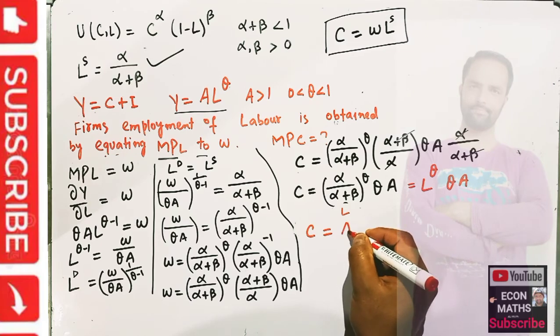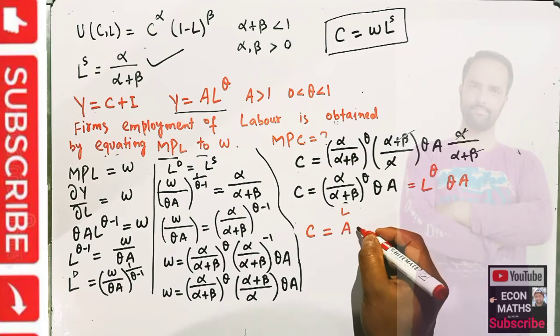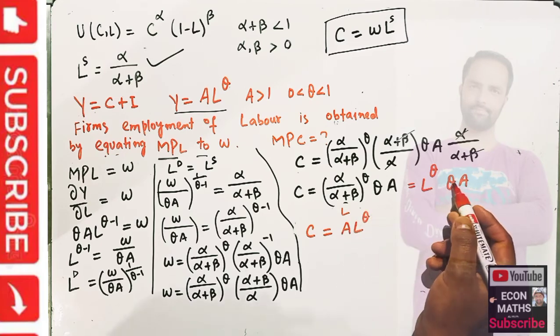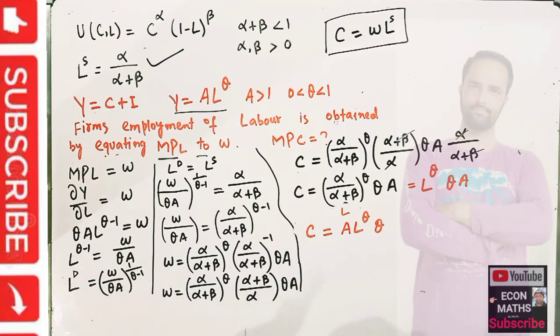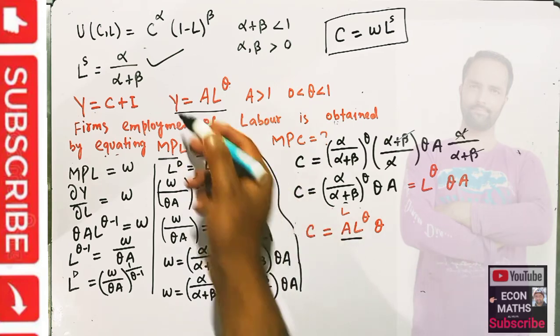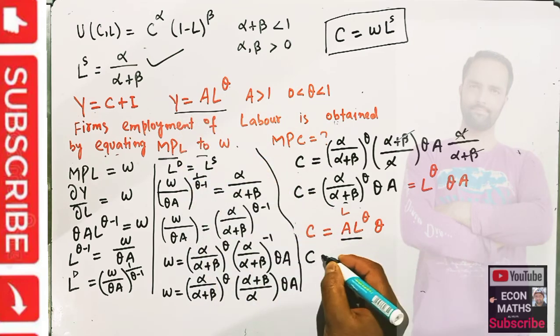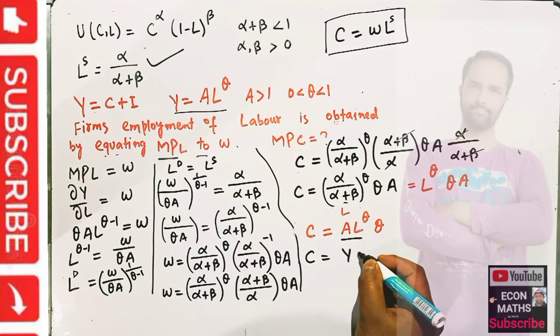So C is equal to A L to the power theta into theta, and this term A L to the power theta is equal to y, so C is equal to y theta.